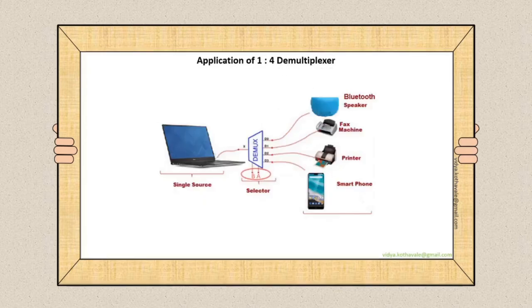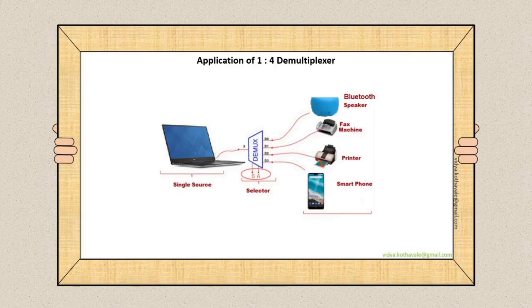Application of 1:4 demultiplexer. Here, the one input is a single source, which is a laptop, and the 4 output devices are the Bluetooth speaker, fax machine, printer, smartphone.